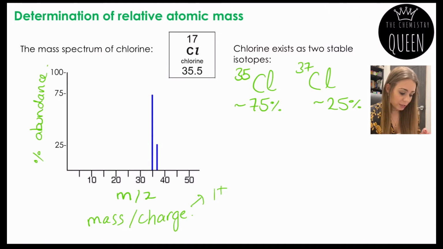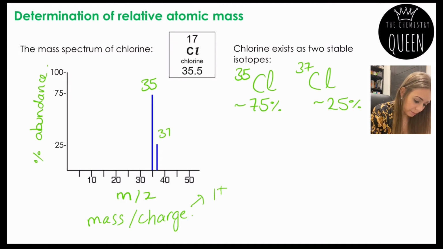So if we have a look at the mass spectrum, we can see two peaks. We can see one peak at m/z 35, and we can see a peak at roughly m/z 37. And in order to determine which peak is responsible for which isotope, we can take the mass and divide it by the charge. So we've got chlorine 35.